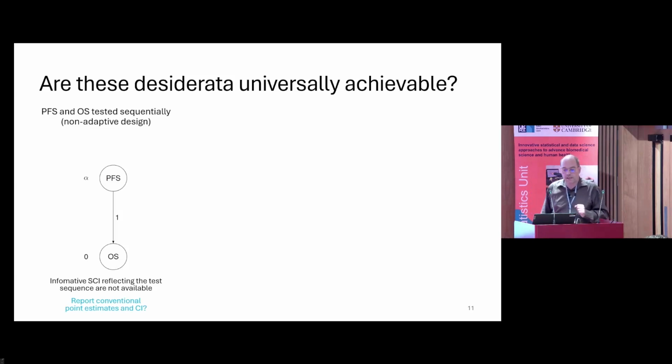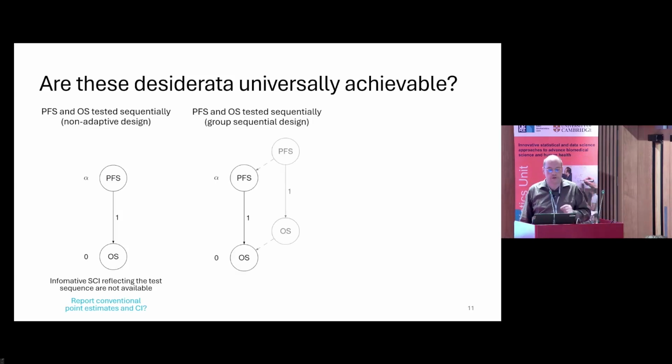Now, let's make it more complicated and have the first level of adaptation, which means I add a group sequential design on top of that. So what you see grayed out would be the analysis of PFS and OS at an interim analysis. And if not significant, then I continue to the final analysis, and these are the black dots now, PFS and OS.